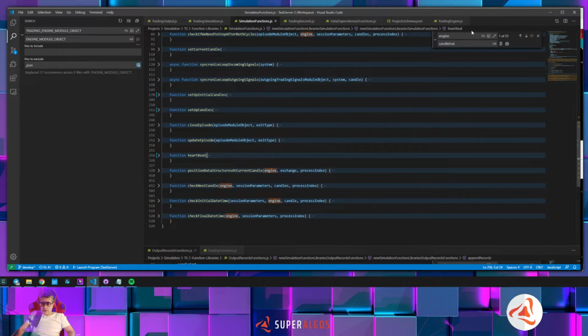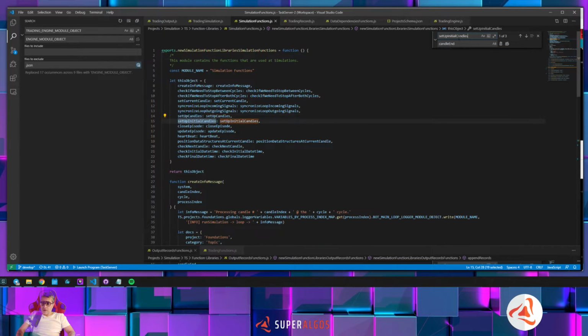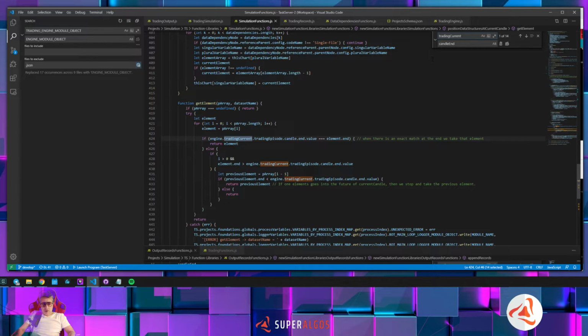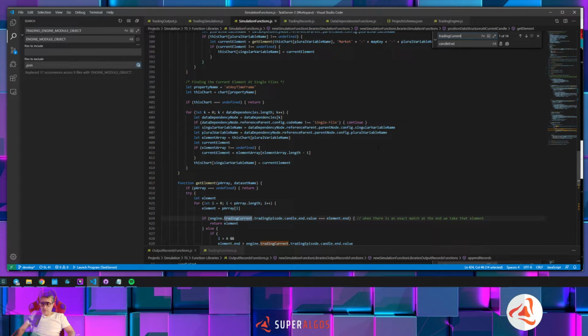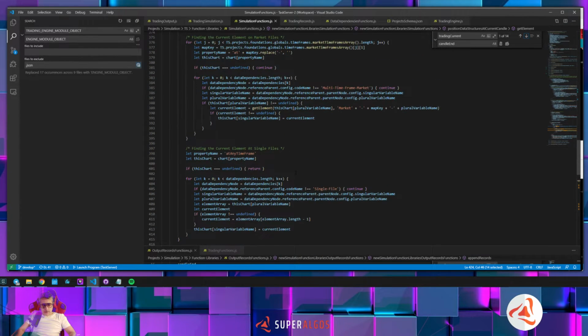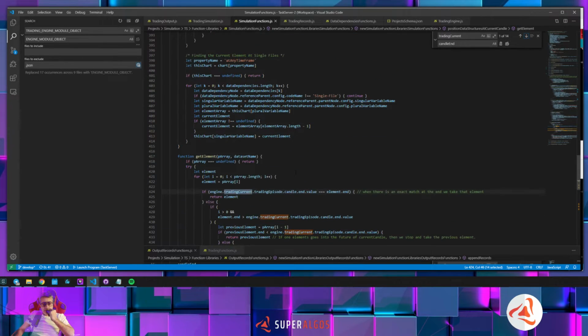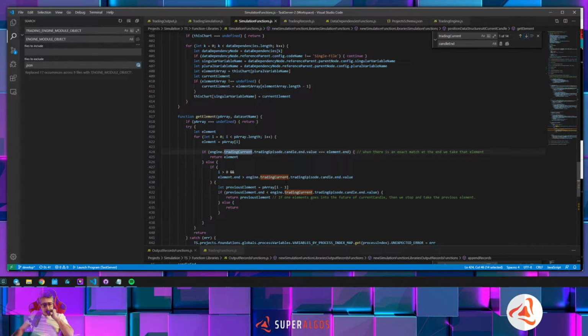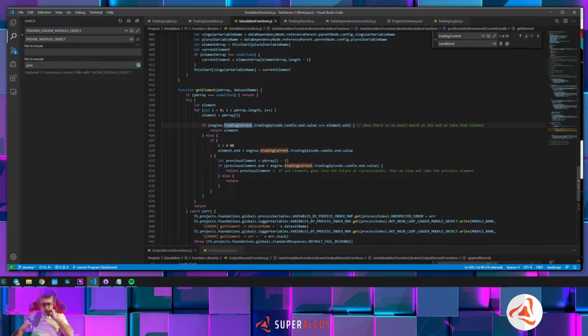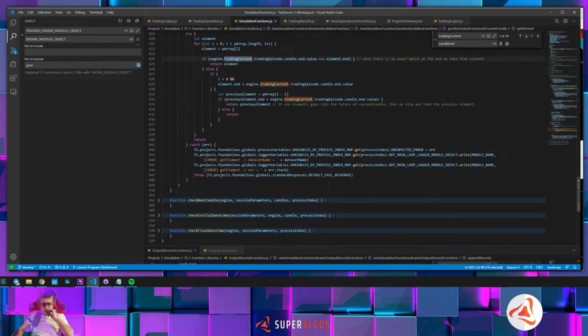What else? Trading current. Oops, here. So here we have the episode candle many times, 3 times.